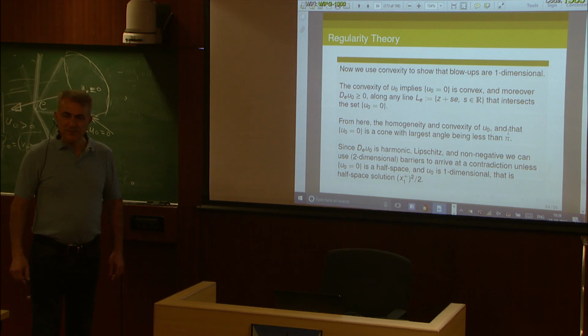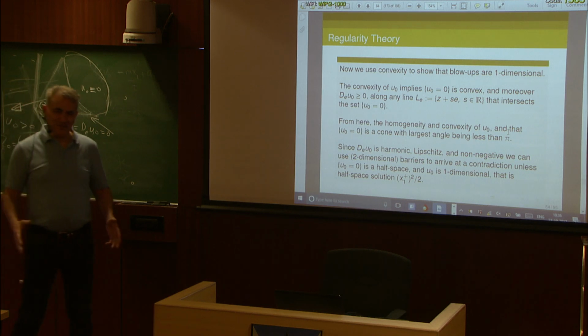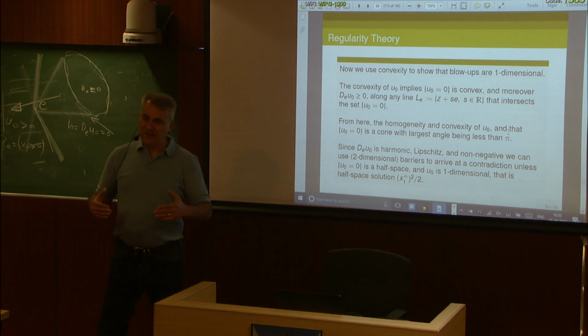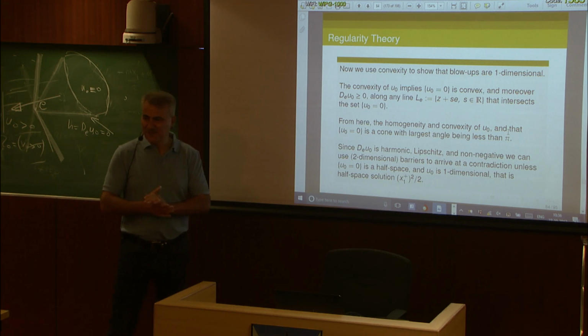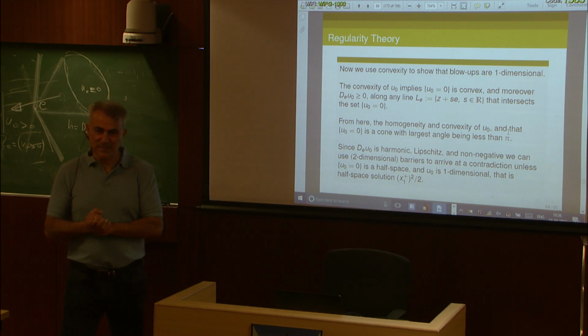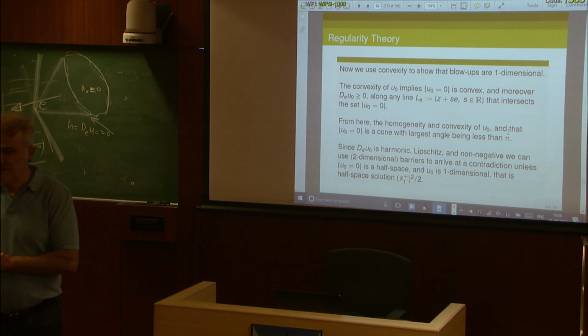Okay. Well, there is still one exercise here. So if you have that lambda 0, the coincidence set is a half space, and your function is convex, how do you know that the function is one-dimensional? I'm just claiming it here, but you have to prove it. So here's one exercise.